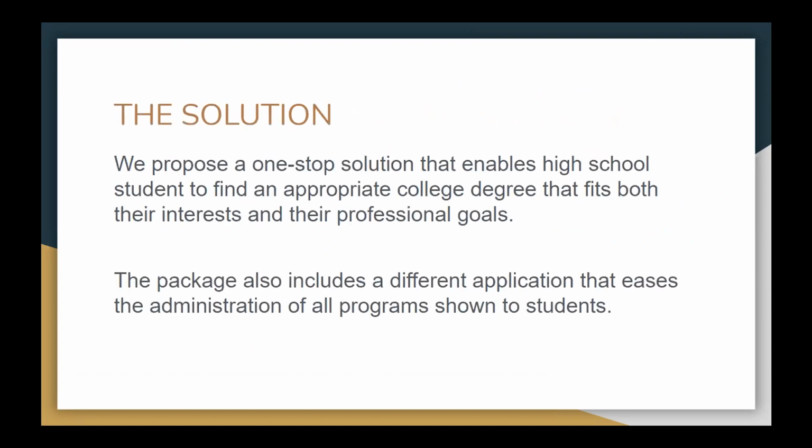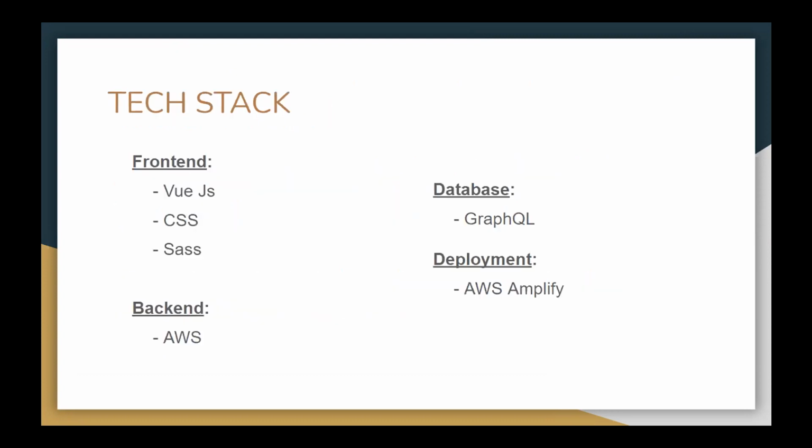So the solution was the creation of the app, which shows them the steps, starting from high school, which programs they'll need to take, then at the university level, which program they have to study, then which career the university program is going to lead to, and obviously the salary they'll have to expect in that career. Next.